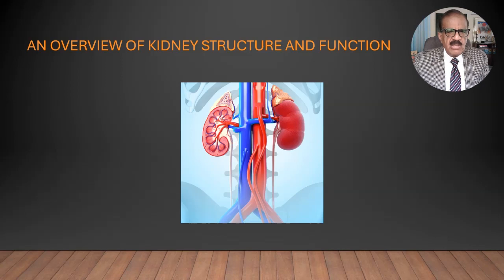You can see these are the calyces, and this is the cortex. The cortex consists of millions of nephrons, and these nephrons make urine, and that urine comes into this collecting system, and then this is the pelvis of the kidney. Then it is drained down into the bladder and then ultimately passed. So this is very interesting. I think now we will have a microscopic view of this kidney to have a better understanding.